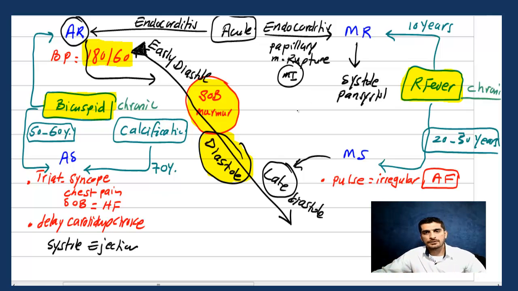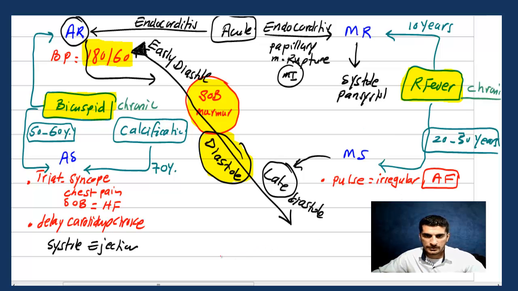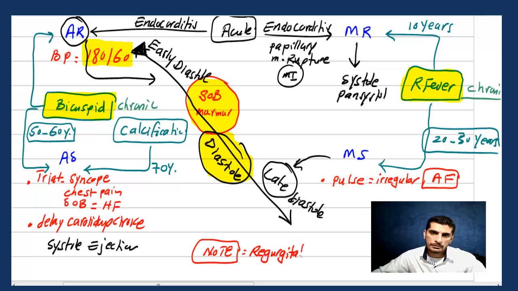Now, how about treatment? For regurg, guys, I don't know where I put it, but it's always afterload reduction as a treatment. So I'll make a note here. Regurg treatment is always a medicine. It's optional, by the way.